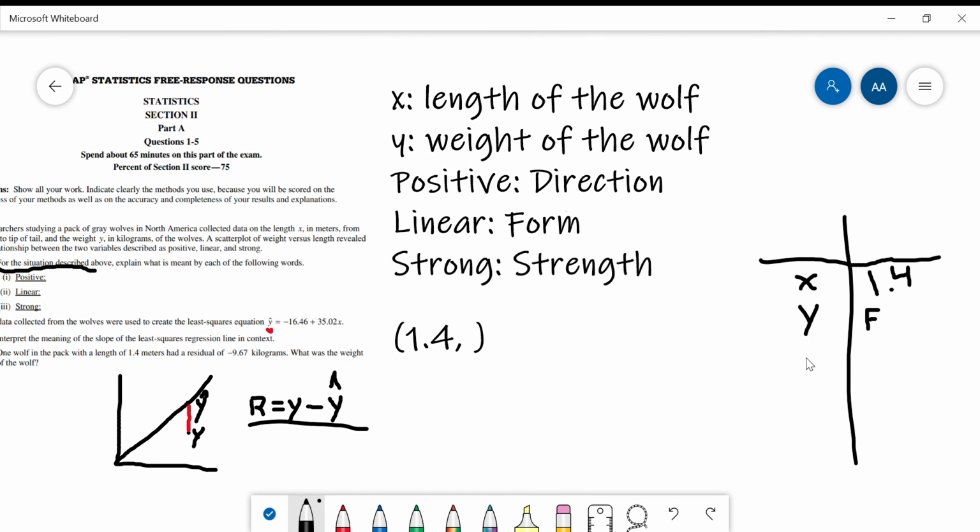We also have y predicted. We can use that too. We also have this linear regression line, and it applies to part C as well. So using it, since we know what x is, we can determine y hat. We also know what the residual is because they gave it to us, negative 9.67.